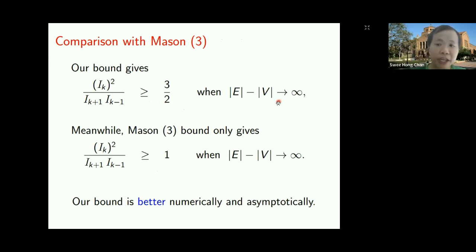In the language of algebraic geometry, this means that I take the genus of the manifold to infinity. In this scenario, our inequality gives 3/2 as a lower bound for this ratio, whereas Mason 3 can only give 1 as a lower bound. This is what I mean by the bound being better numerically and asymptotically.